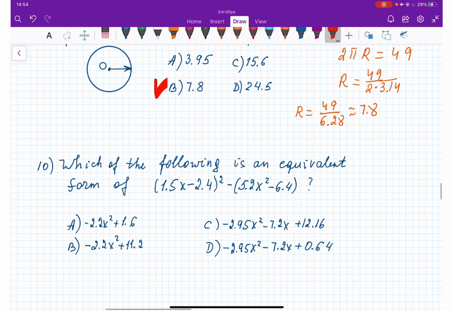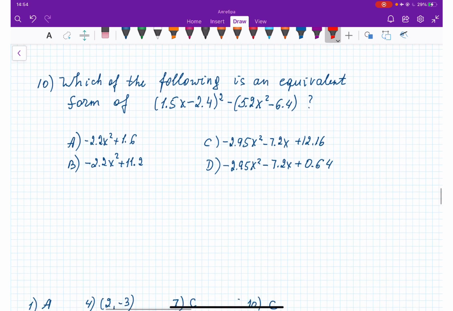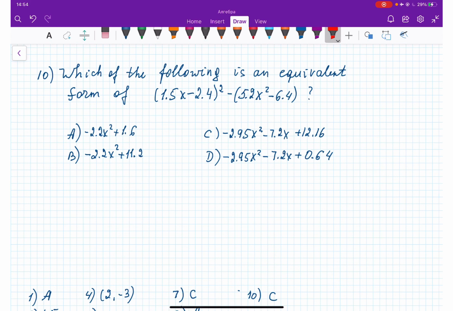And the last one, okay, this is a little bit longer. So 1.5x minus 2.4 squared minus 5.2x squared, I'm opening parentheses here, and plus 6.4.